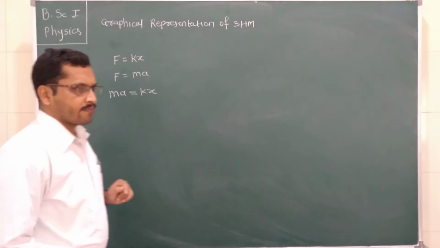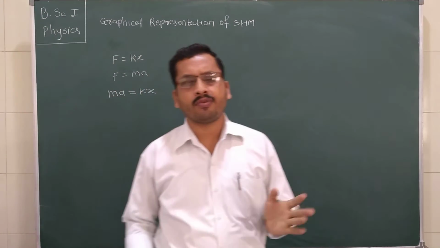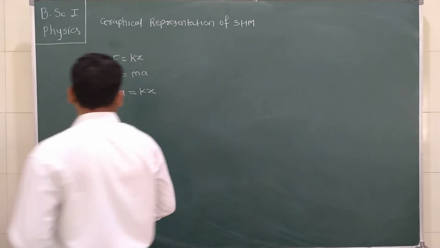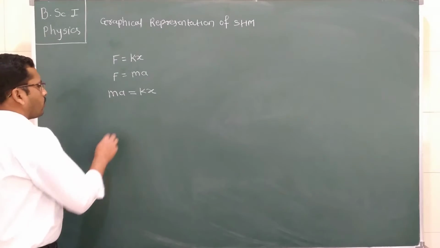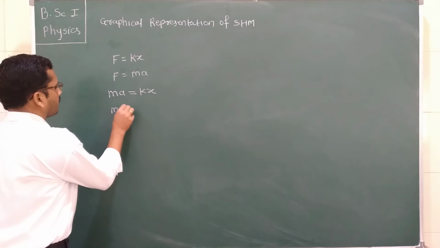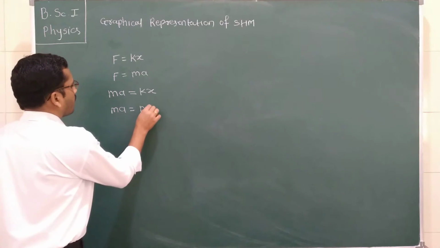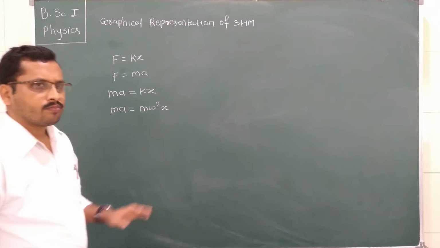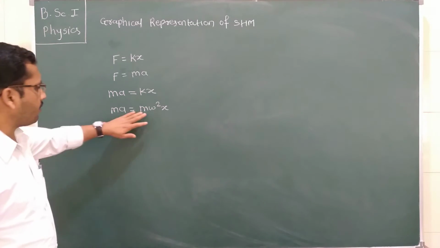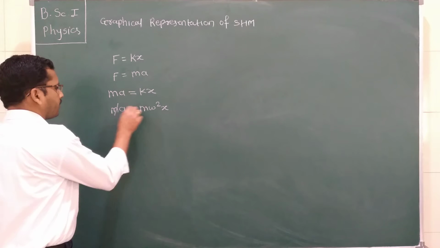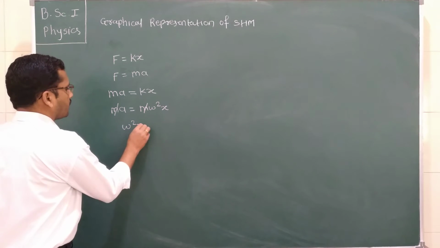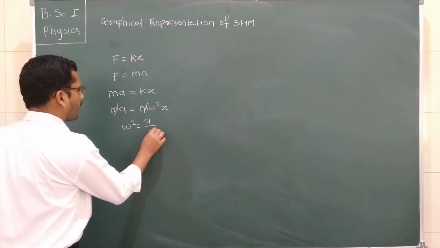But what is K? This K is nothing but the force per unit displacement, or we can also write K is equal to m omega square. So we write ma is equal to m omega square multiplied by x. Here m and m are the same, so they get cancelled, and therefore omega square is equal to a by x.